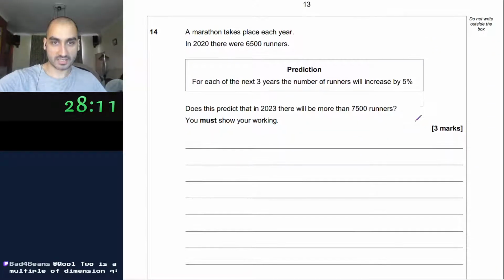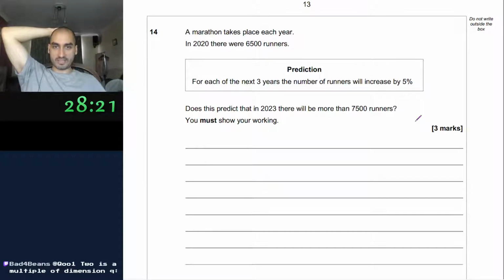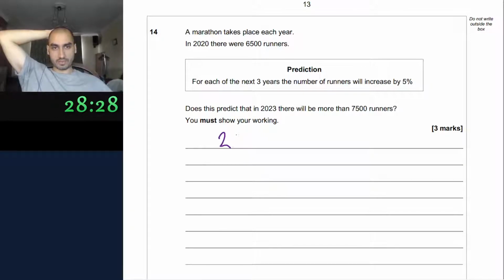A marathon takes place each year. In 2020 there were 6,500 runners. For each of the next 3 years, the number of runners will increase by 5%. Does this predict in 2023 there'll be more than 7,500 runners? So we've got 2020 equals 6,500.